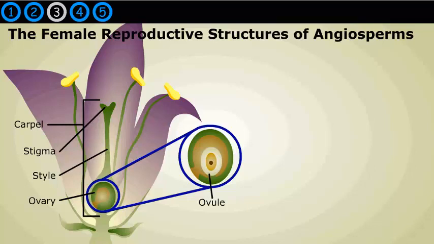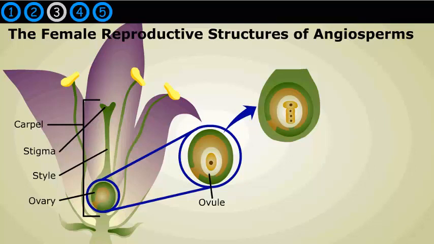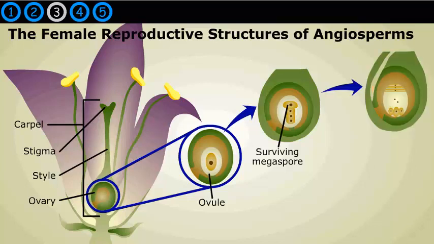Cells within the ovule undergo meiosis to form 4 haploid megaspores, only one of which typically survives. The surviving megaspore undergoes 3 rounds of mitosis followed by cell division to form a multicellular embryo sac with 8 nuclei, the female gametophyte. 6 cells in the embryo sac have a single nucleus and 1 cell has 2 nuclei.